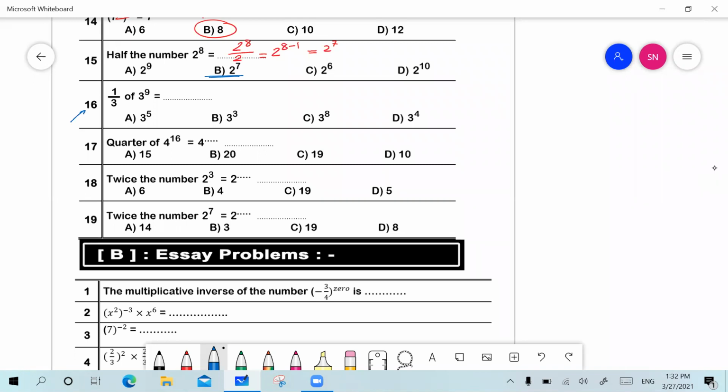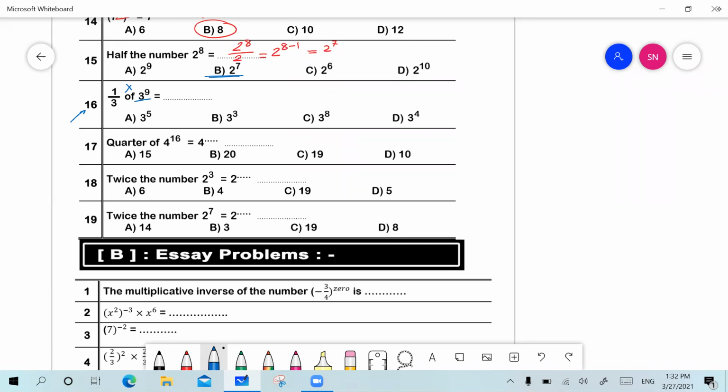Number 16, I have 1 over 3 times 3 to the power of 9. I'm not sure, but is it going to be 3 to the power of 9 times 1 over 3? Yes.